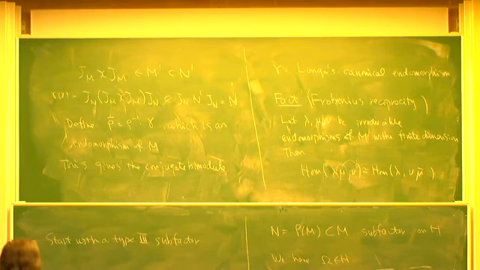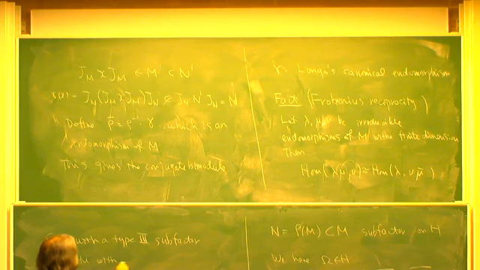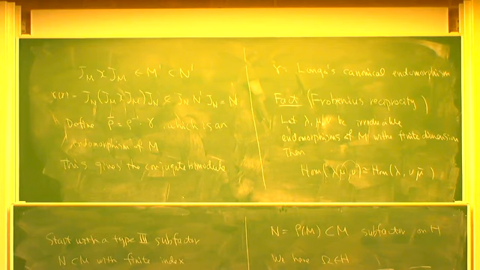We start with the type 3 subfactor N in M with finite index. In general, in this setting, N and M, these two factors may not be isomorphic, but in a typical situation, they are isomorphic.